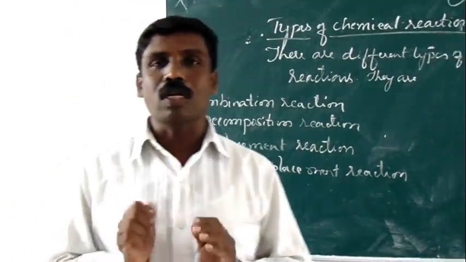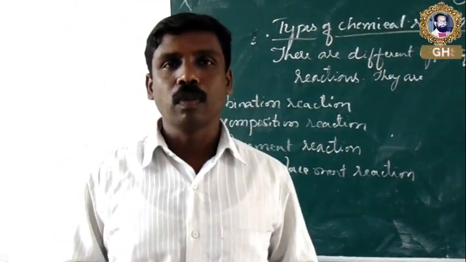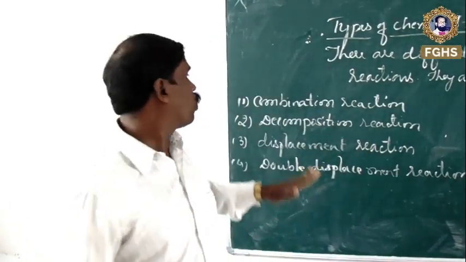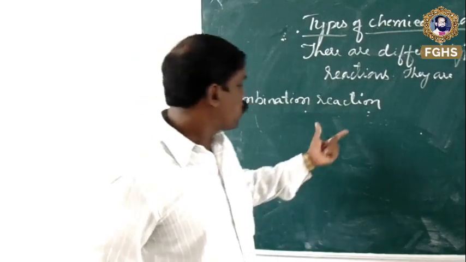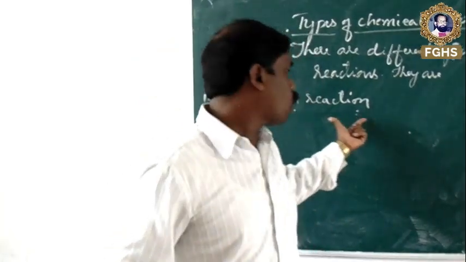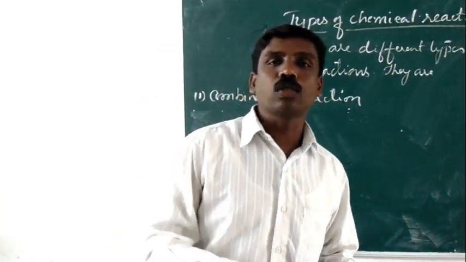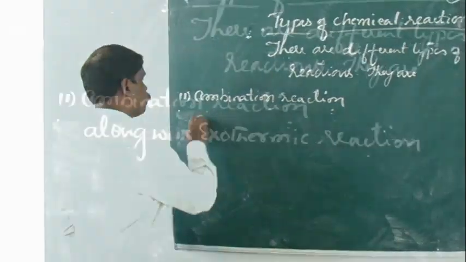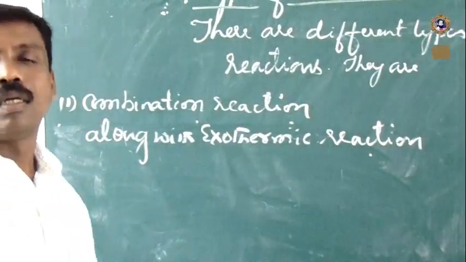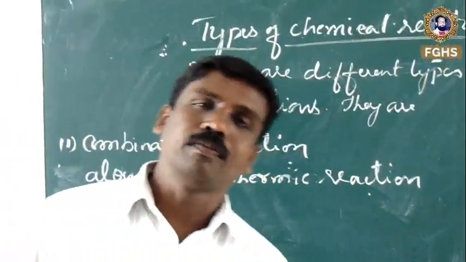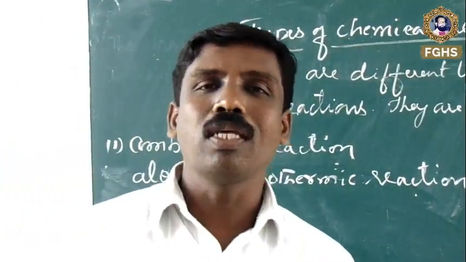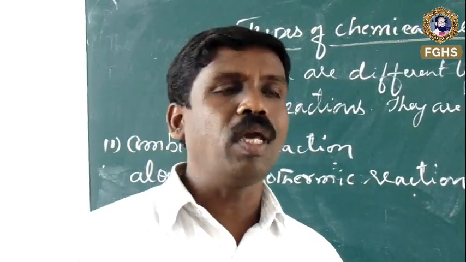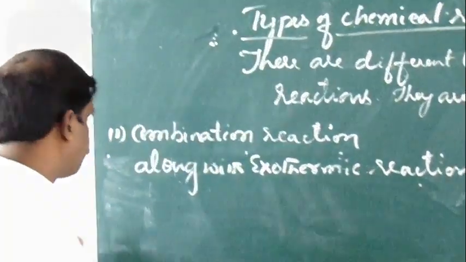Children, in this particular class, we are going to discuss combination reaction only, along with the exothermic reaction. Then, what is a combination reaction? Before I explain what a combination reaction is, let me write two equations.